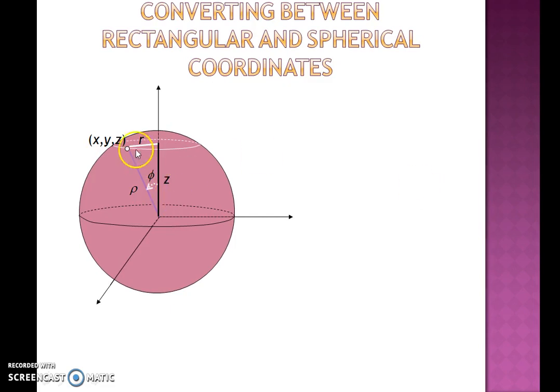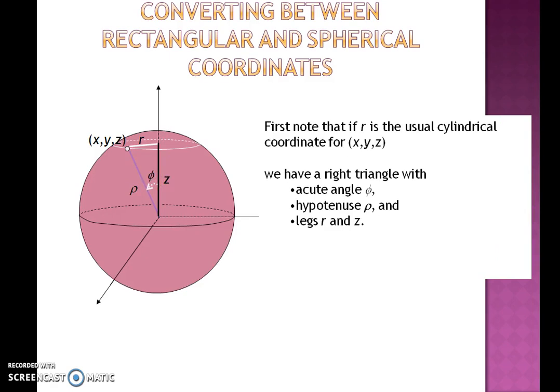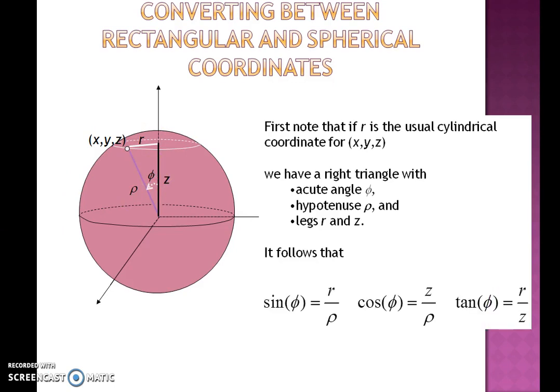If this is the point, the distance of this point from the z axis is denoted by r, and there is the angle phi. So we have a right triangle with acute angle phi, hypotenuse rho, and legs r and z. It follows that sin phi is equal to r by rho, cos phi, and tan phi are given by these expressions.